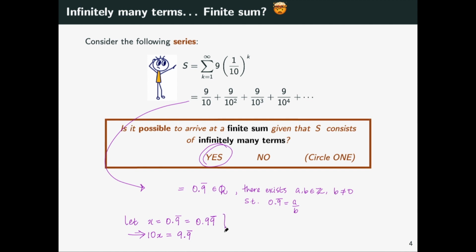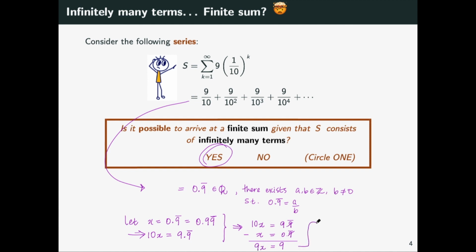And so what am I going to do with that? I'm going to subtract these, and I'm going to have 10x minus x. This was 9.9 repeating. This was 0.9 repeating. And if I do this subtraction, the repeating part disappears. I'm left with a 9 over here, and on this side I'm left with 9x.